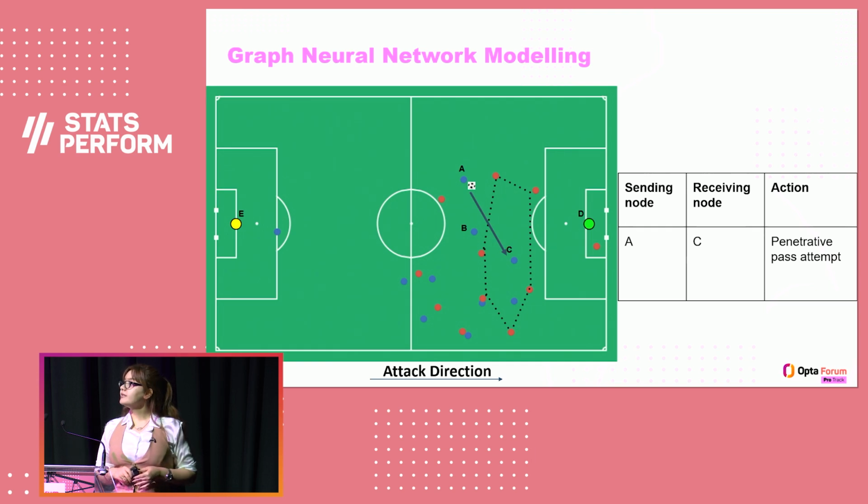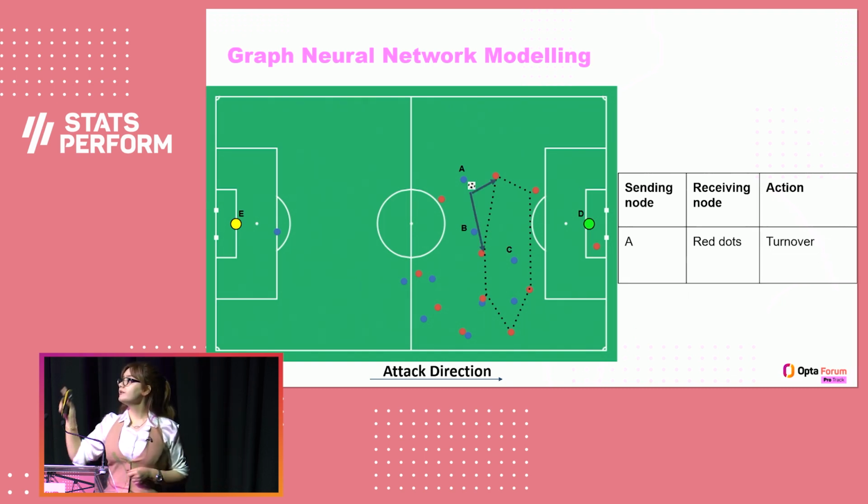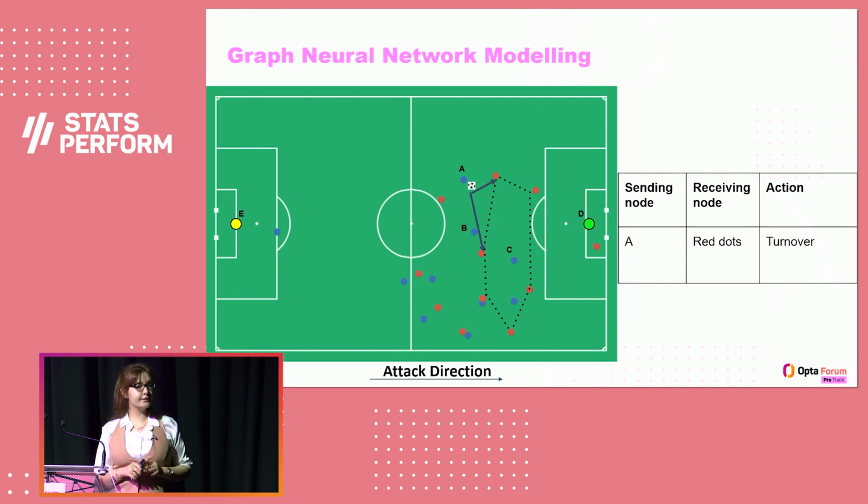On the other side, if the most likely receiving player is player C inside the convex hull, we mark this as a penetrative pass attempt because it breaks through the defensive zone. The third situation is if the most likely receiving player is one of the red circles, the opponent's players. This situation is a turnover. It can be an interception, a tackle or anything; we are not going into details. We are just saying the ball is lost and possession is lost, so we call it a turnover situation.